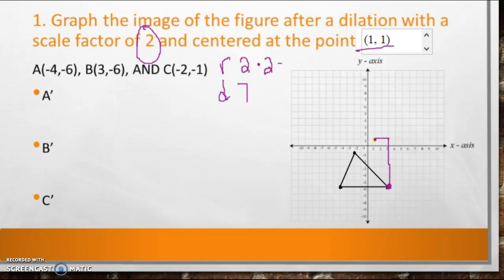You're going to multiply that distance by your scale factor. Of course, I would create one that doesn't really fit on the graph. Oh well. But now you're going to start back at the center, and you're going to go to the right 4 spaces, and down 14 spaces. We'll just pretend like it's right there. That's that new purple vertex.